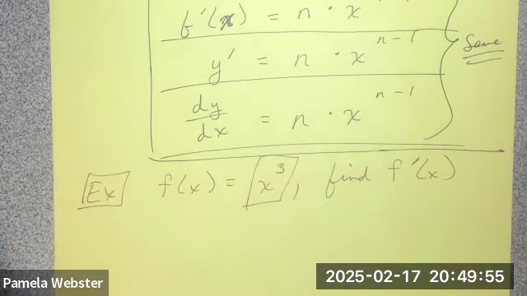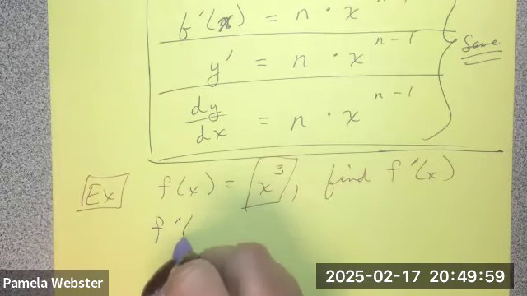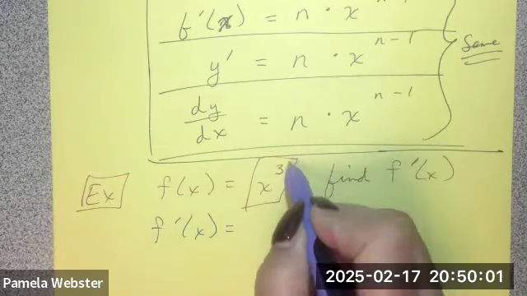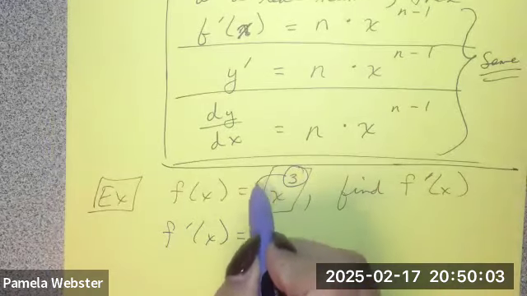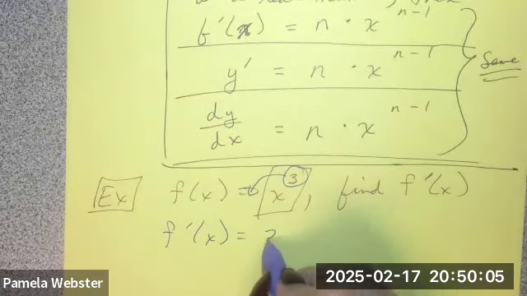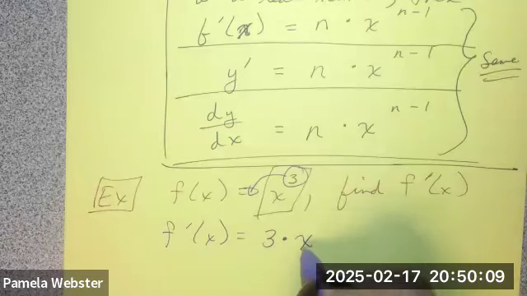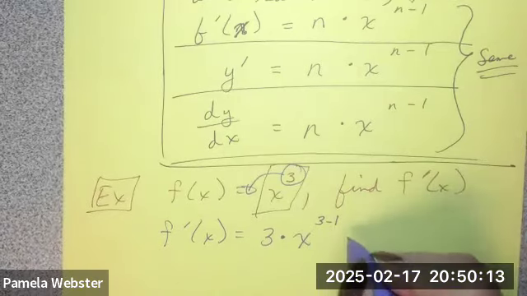Okay, so very quickly, we're going to use our power rule. So f prime of x equals, take your exponent, write it in front, 3 times, make it into multiplication, x to the, and I'm going to write it here, 3 minus 1, but I won't always do that.